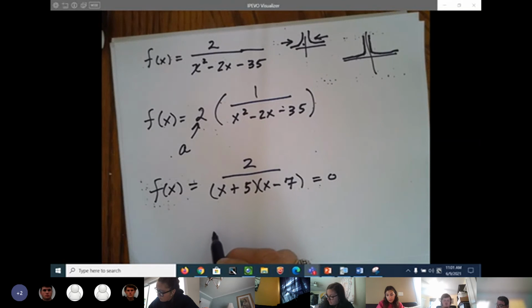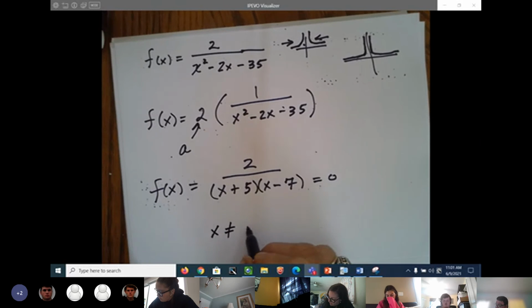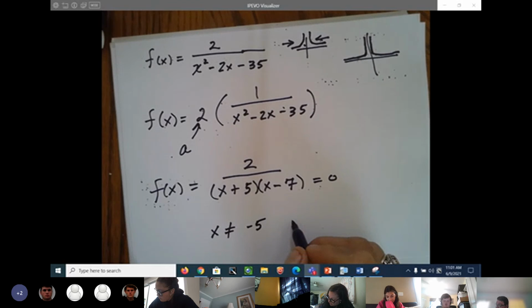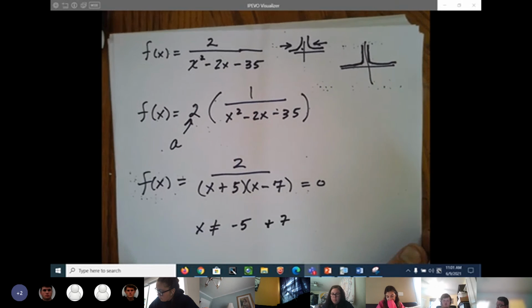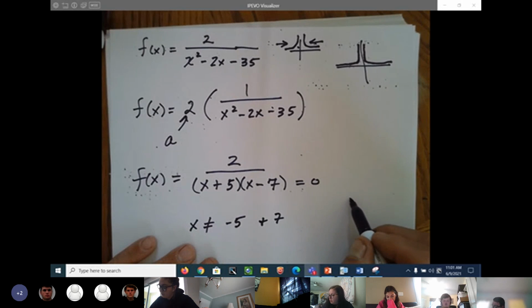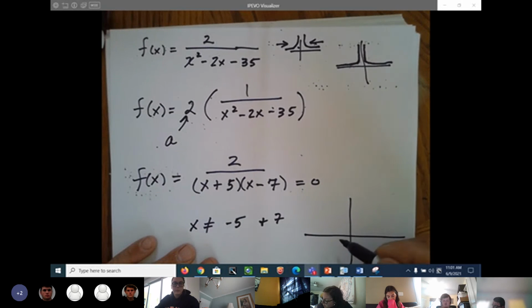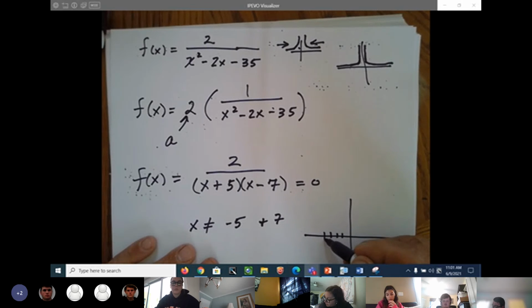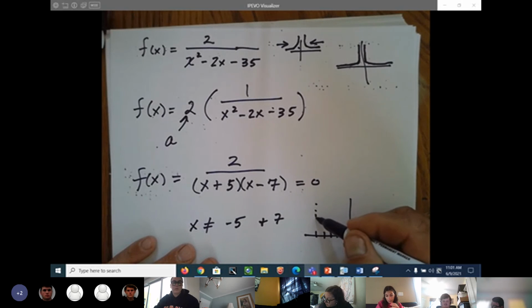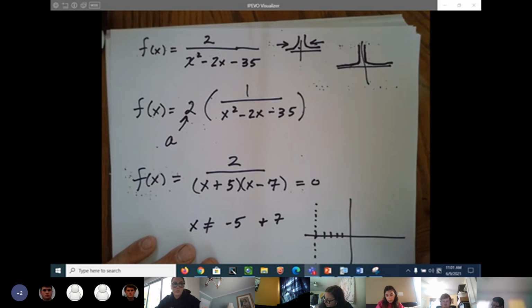X cannot equal -5 and +7. So we know we have vertical asymptotes at -5 and +7.